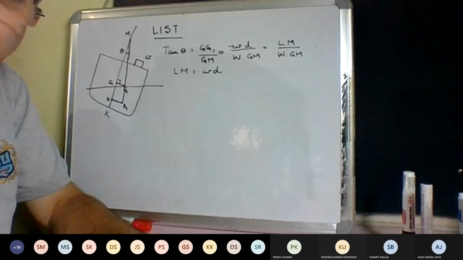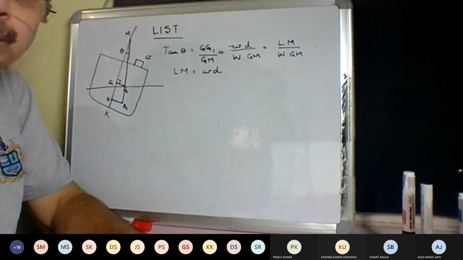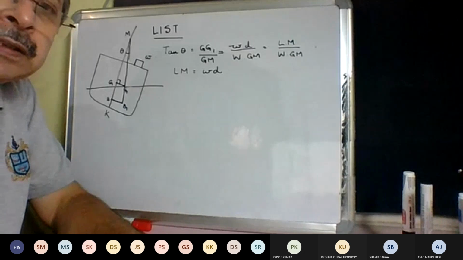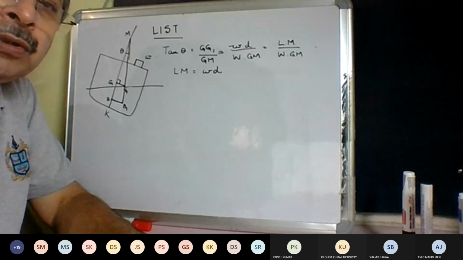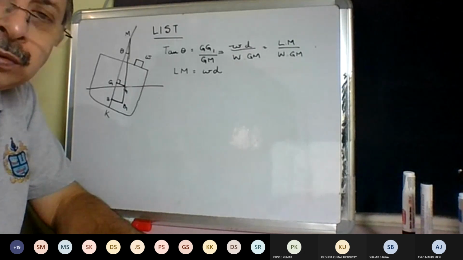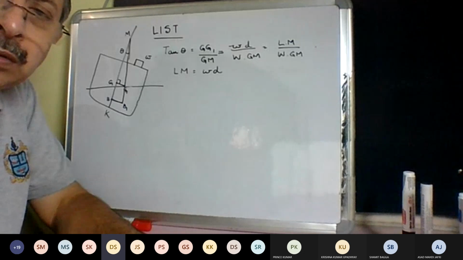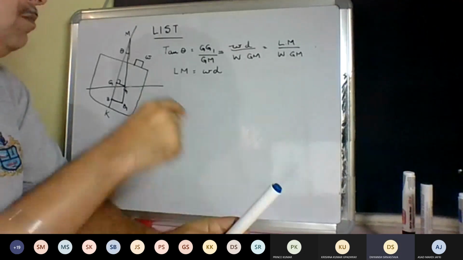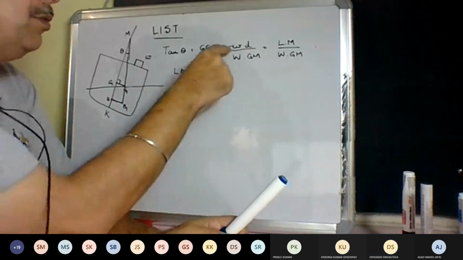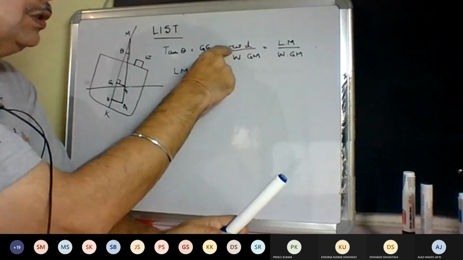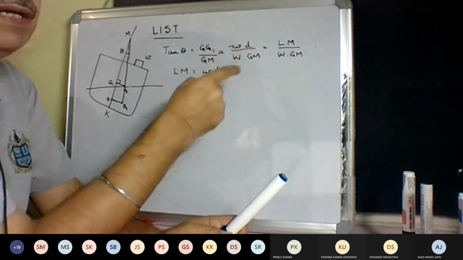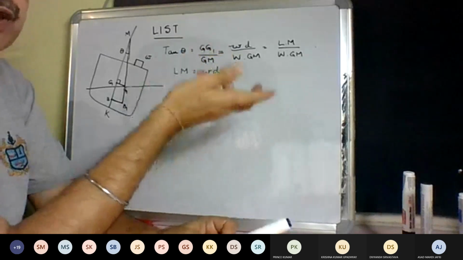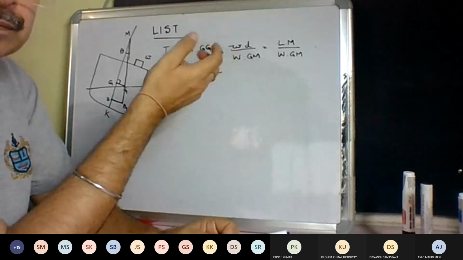So these are the various formulas that we will be using now. So let's go straight on to the numericals. सर एक बार ये लिस्टिंग मूवमेंट का आपस से बता दीजिए. Listing moment: this W into D, force into lever, is known as a moment. Since it is causing a list, therefore it will be called a listing moment.